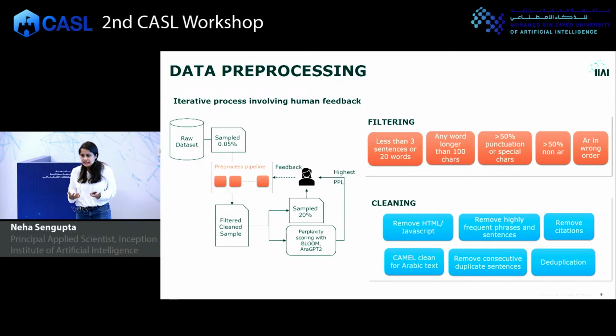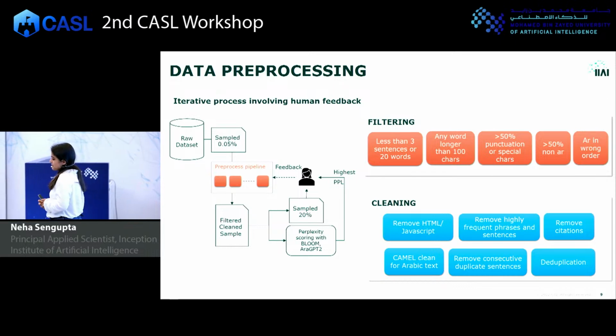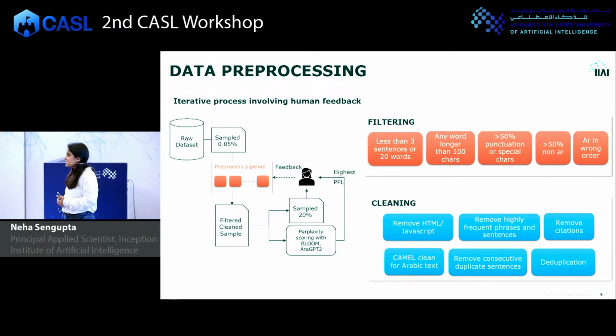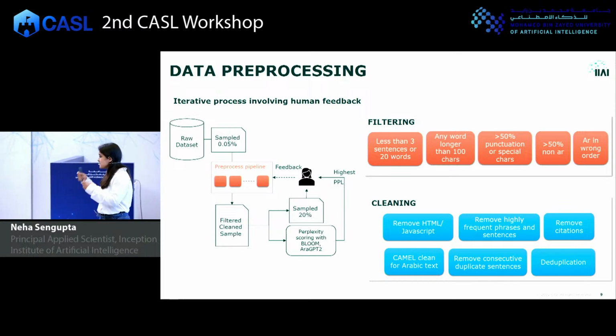Right. So how do we clean data, which is a very important point that I want to raise with Arabic, right? So a few straightforward things. First, Arabic has a lot of dialects. These dialects are very varied, right? Then Arabic has diacritics, right? So these little marks on the top of the word and the bottom of the word, which dictate how the word is not only going to be pronounced, but what its meaning is.